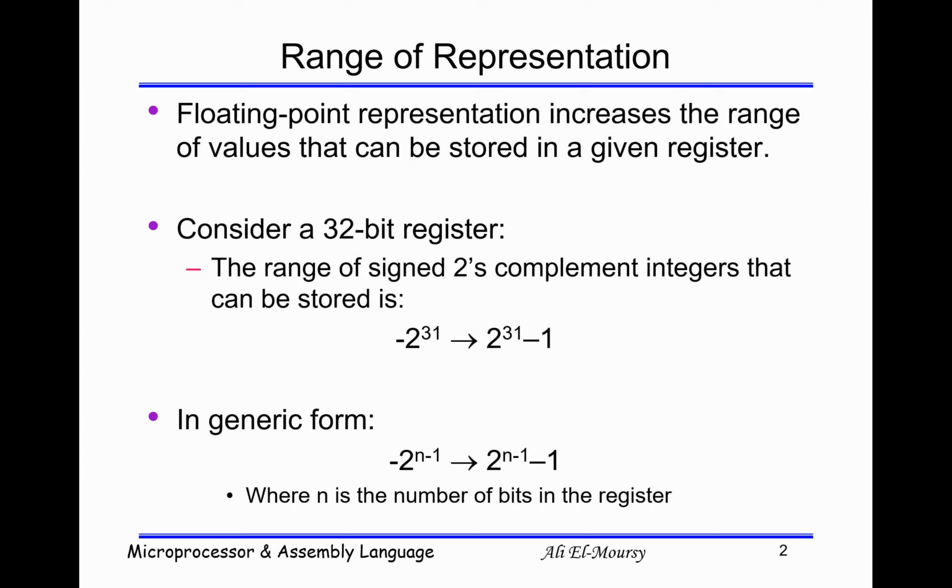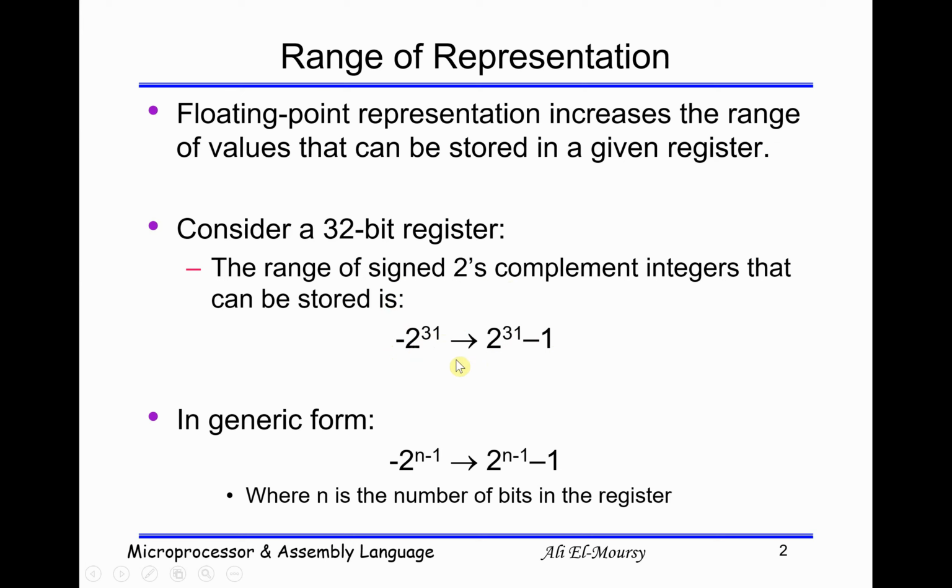If we go back to the integer, we can review the following. If I am considering a 32-bit register used to store numbers in 2's complement representation, then from our knowledge of digital logic design, this gives me the range of values from minus 2 to the power 31 to positive 2 to the power 31 minus 1.